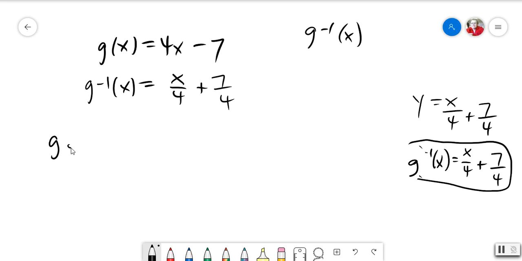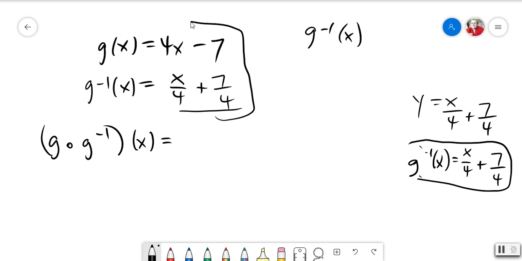So what we have to do is compose g with inverse g and see what happens, which means we take this and plug it in. So we have 4 times the whole quantity, x over 4 plus 7 over 4, and then minus the 7.